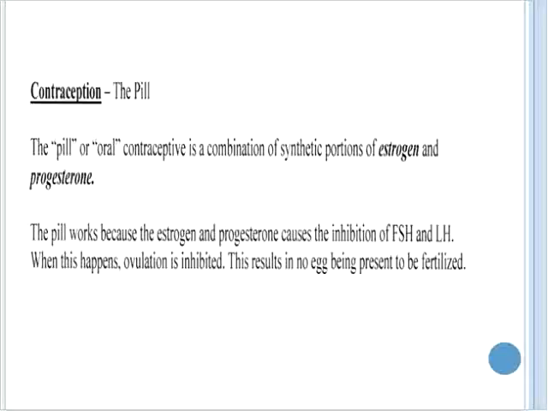And while hormone replacement therapy is given to try and alleviate the symptoms of menopause, other hormone treatments are used as contraceptive methods. In fact, the birth control pill operates in this very fashion. The birth control pill, or an oral contraceptive, is a combination of synthetic portions of estrogen and progesterone.